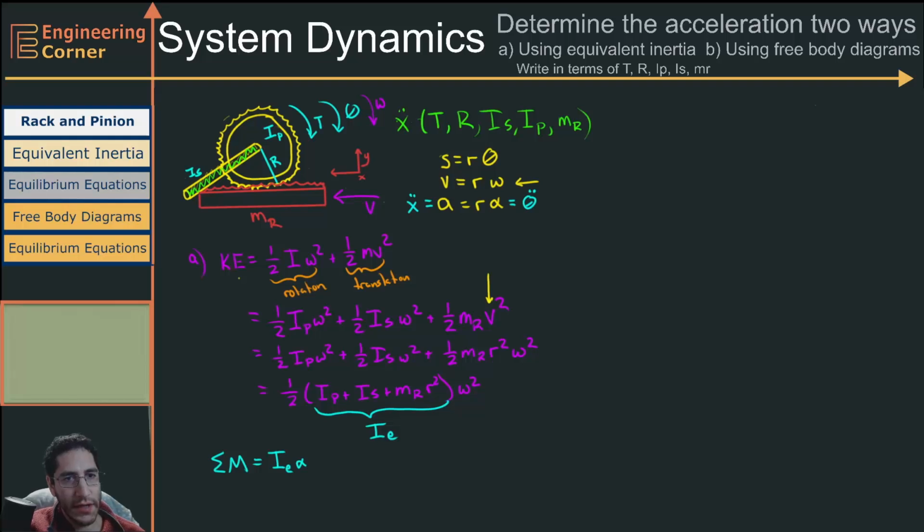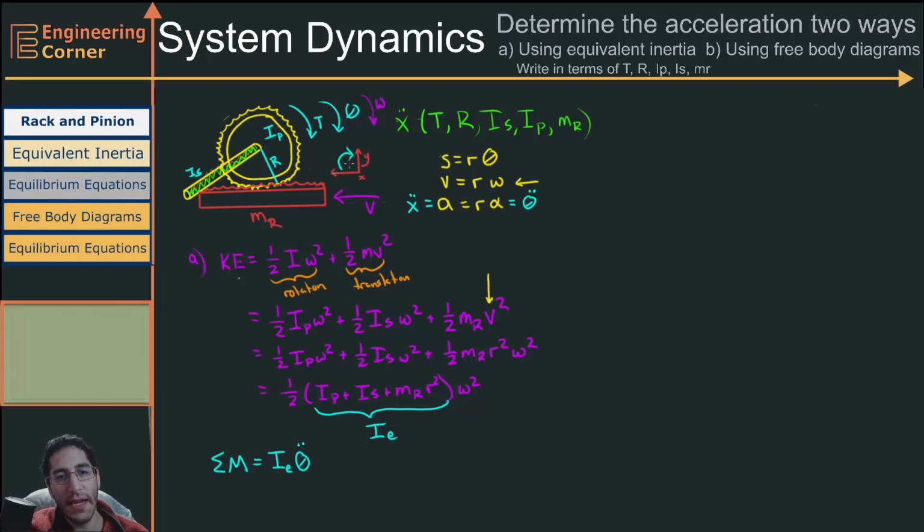So let me change this. This is equal to theta double dot. So now what is the sum of our moments? Well, right now we only have a torque, and I said my convention is x to the left is positive, y up is positive.